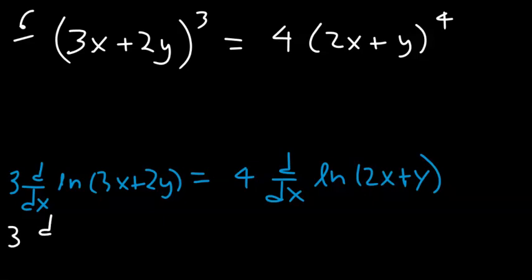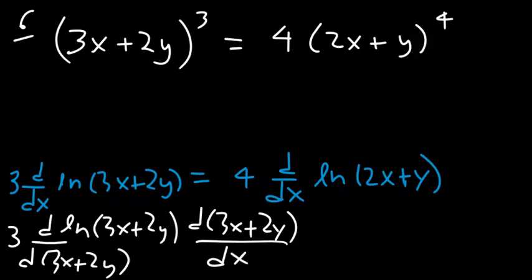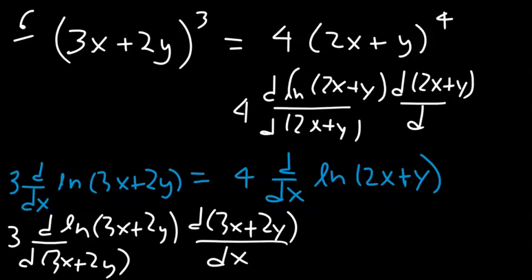So the left-hand side would read d over d(3x plus 2y) of natural log of (3x plus 2y), times d(3x plus 2y) over dx. And likewise, for the right-hand side, it would be 4 d natural log of (2x plus y) over d(2x plus y), times d(2x plus y) over dx.